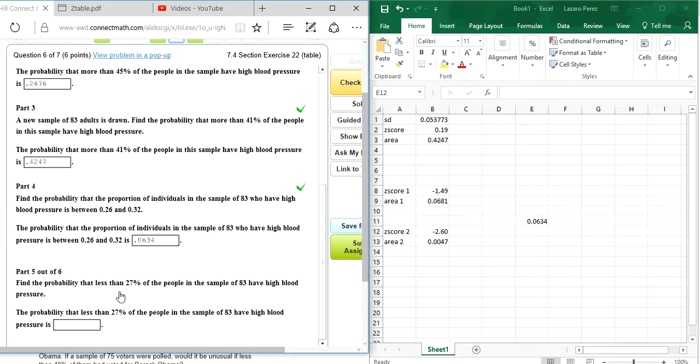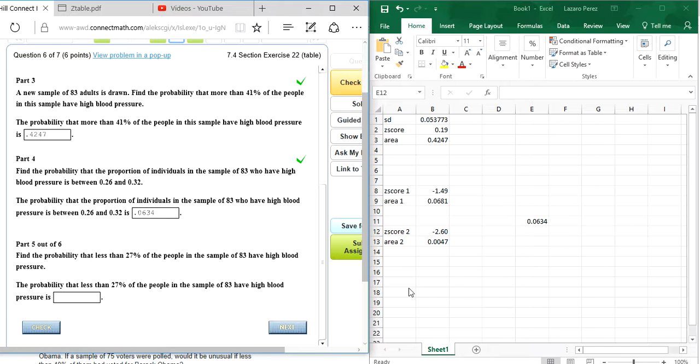Perfect. Find the proportion that's less than 27%. All right, so let's find the z-score for 27. Let's plug that in: 0.27 minus 0.4 divided by the standard deviation. Round to 2 decimals.